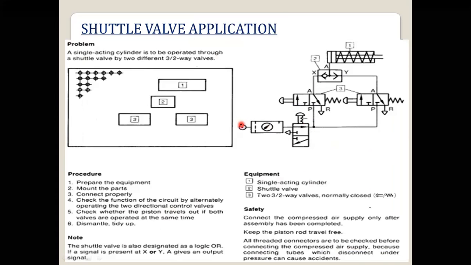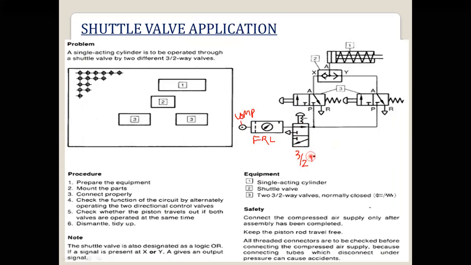Here you can see this is the compressor. From the compressor, the air will flow to the FRL unit. The FRL unit is a filter, regulator, and lubricator. From the filter, regulator, and lubricator, it goes to the 3 by 2 DCV.